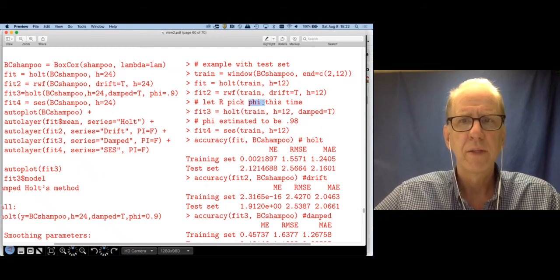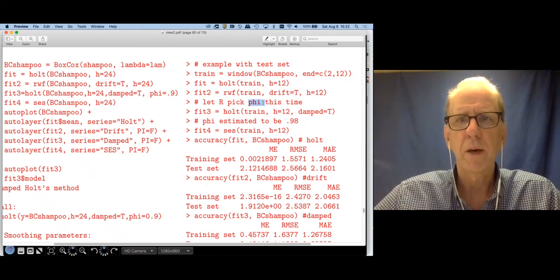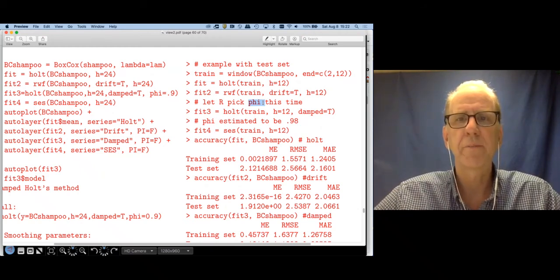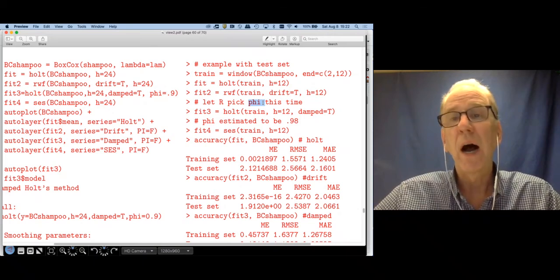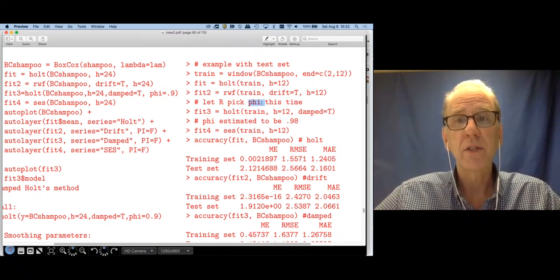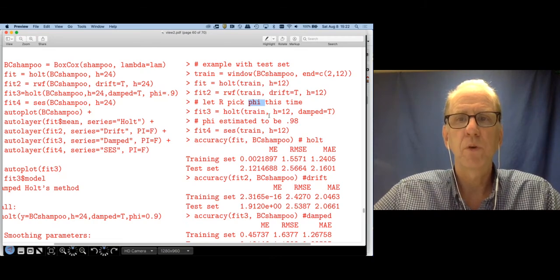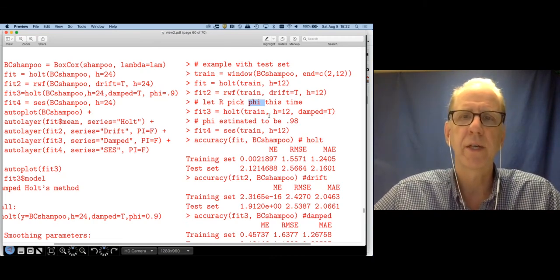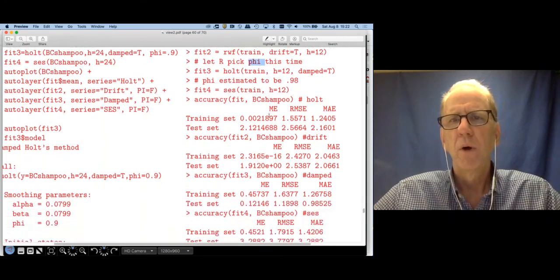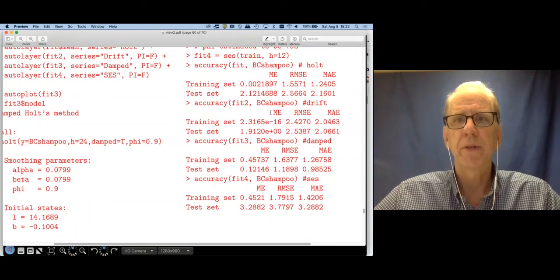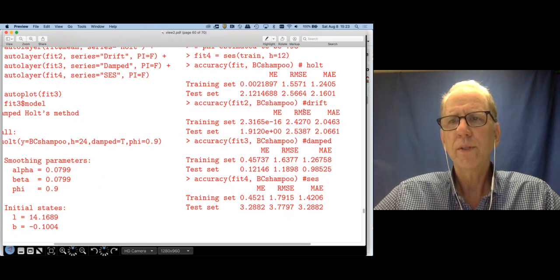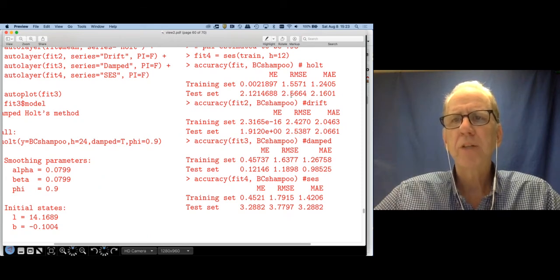And so this is how quickly the forecasts decay. Moreover, I'm going to use the last year as the future test set. Well, let's go compare the accuracy of our methods. And so what we see is that Holt and drift actually do about the same, both in terms of RMSE and mean absolute error.